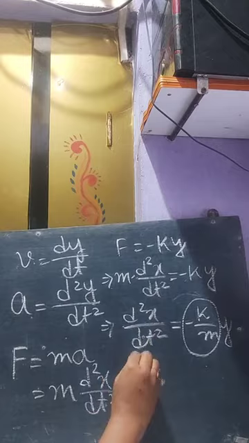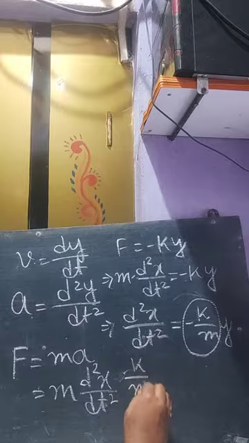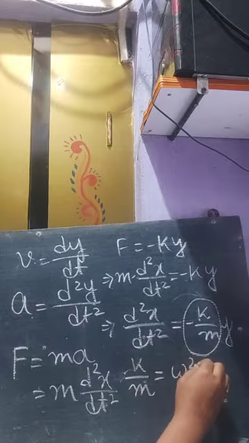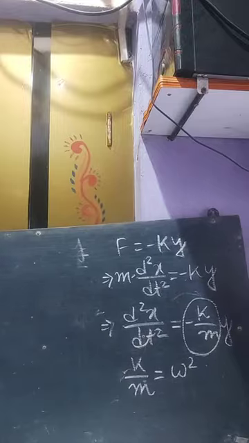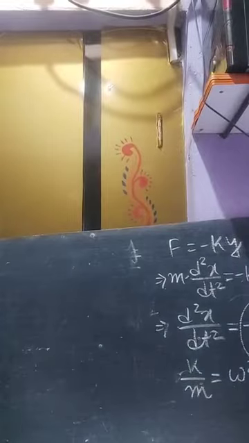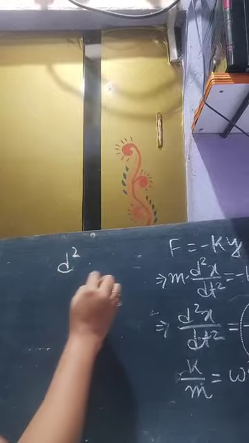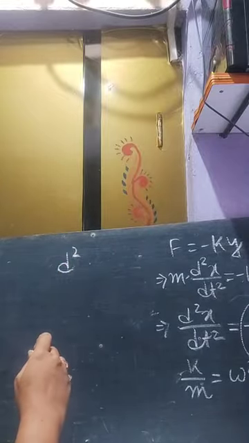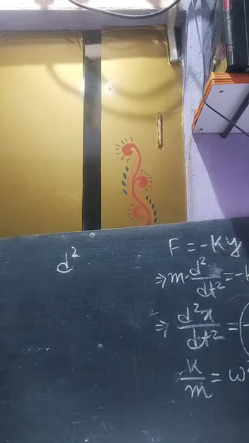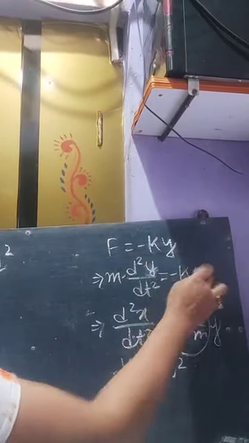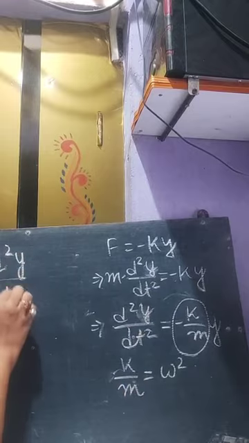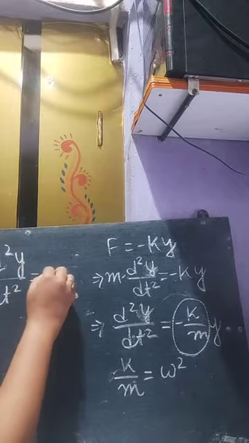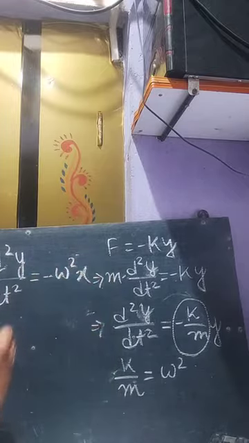Now, if I write k by m as omega square, what will be the result? Sorry, here not x, here it will be y, as I have considered y. So d2y/dt squared equals minus omega square y.